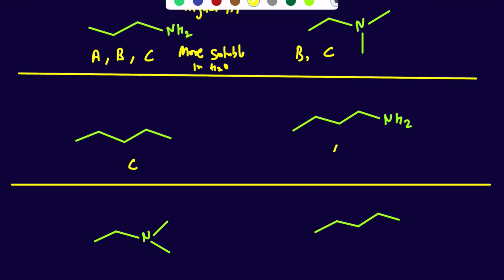So this would be making all three types of intermolecular forces. So as a result, this would have higher boiling point, and this would also be more soluble in water or higher solubility in water. You can also say that.